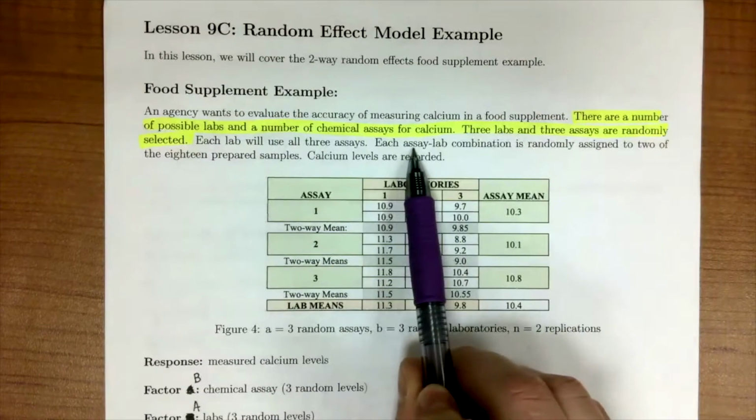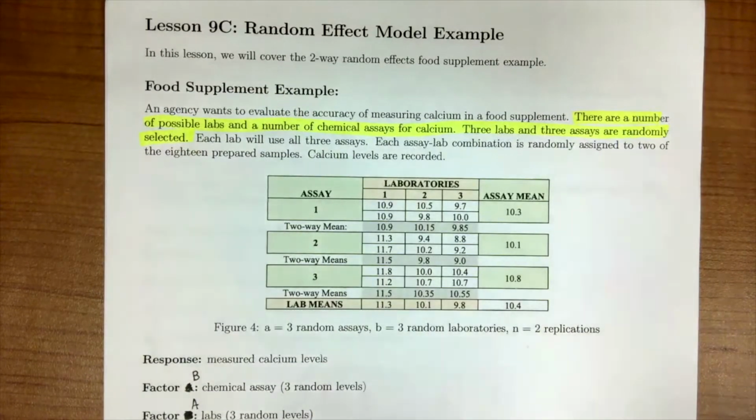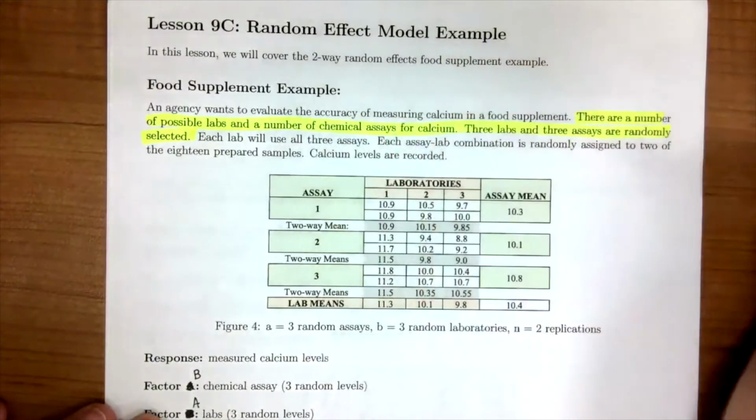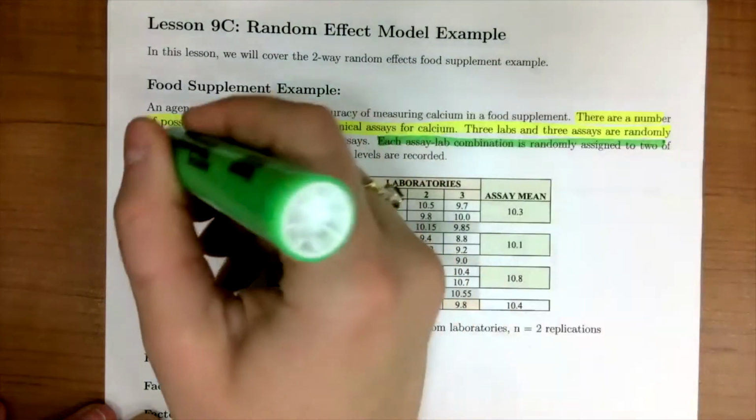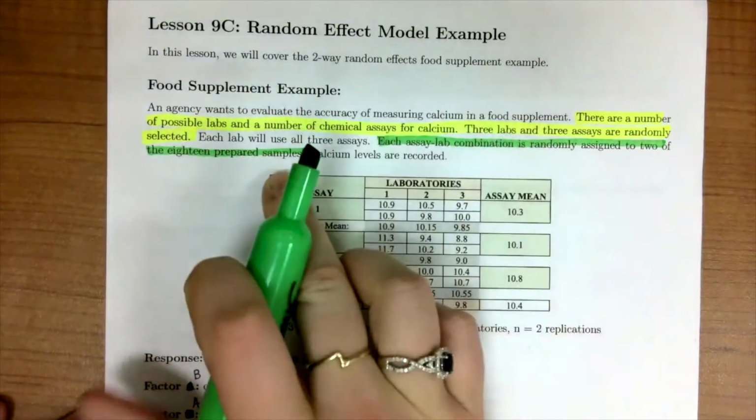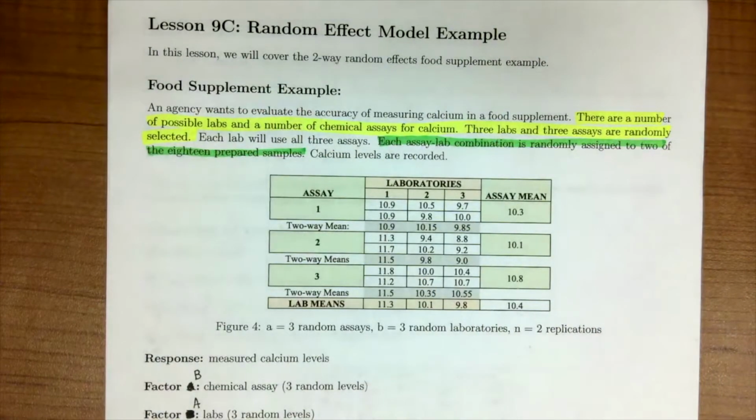Then the thing that I want you guys to be careful about is, again, this green statement that each assay lab combination, or each treatment combination, is randomly assigned to 2 of the 18. This green highlighted statement is just good design of experiment protocol.